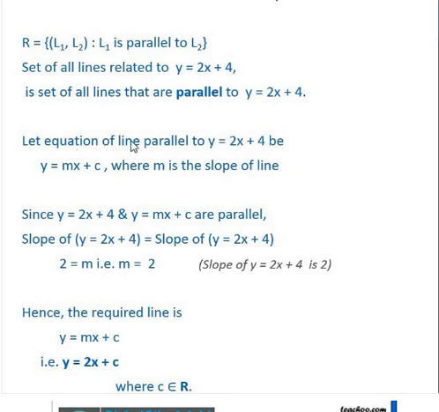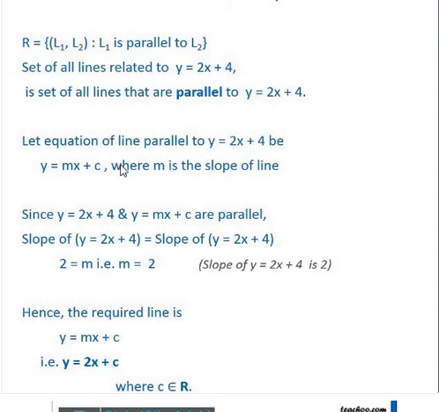So here the equation of a line parallel to y equals 2x plus 4 will be y equals mx plus c. Always remember, whenever you want to find the equation of parallel lines, the ax plus by part will be as it is. Only the constant term will change. Here m is the slope of this line.